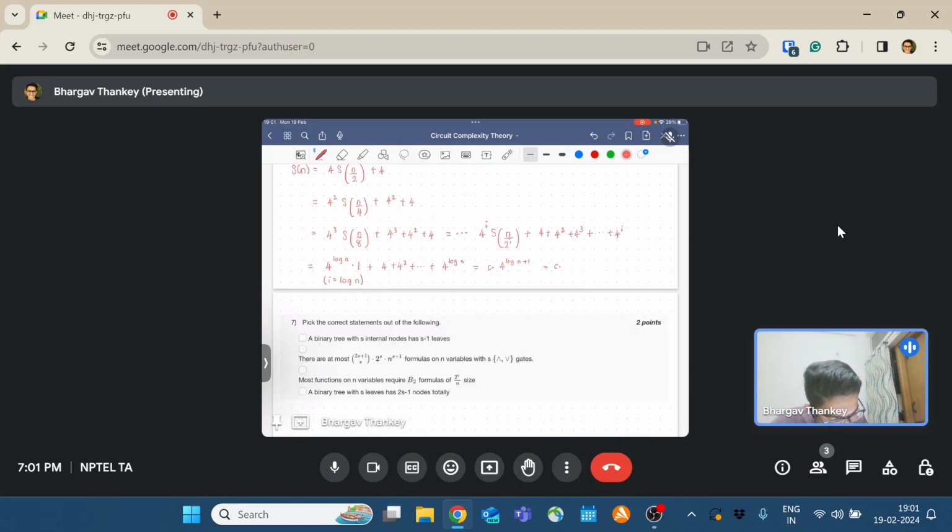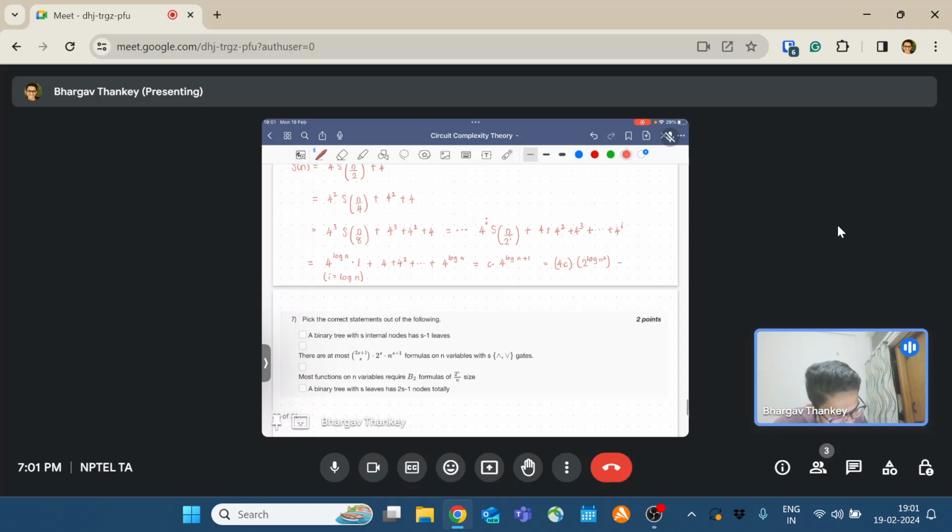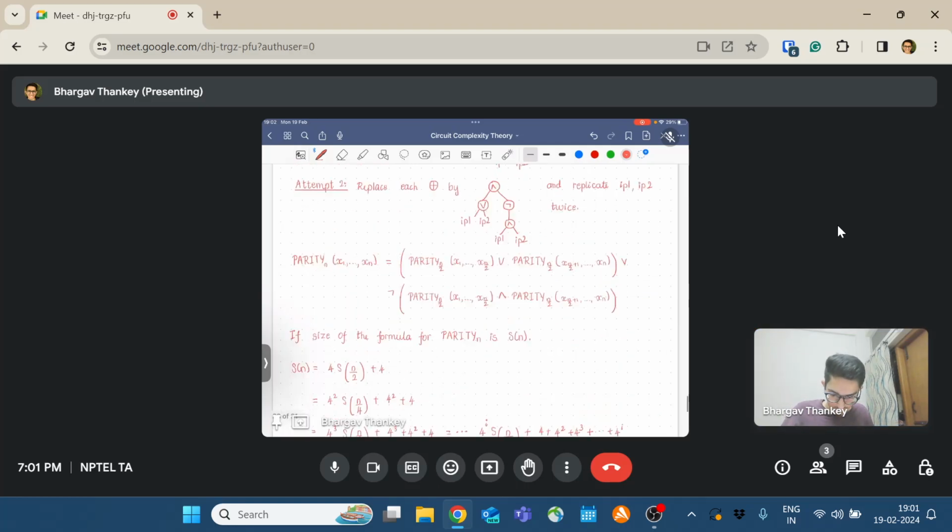This is constant times 2 to the, I can replace this by 4 times constant times 2 to the log n squared, right? Is this fine? I took this 4 out and I wrote 4 as 2 to the 2 log n, which is 2 to the log n squared. And what is this? This is just some constant times n squared, right? So this is order n squared. That's the answer.